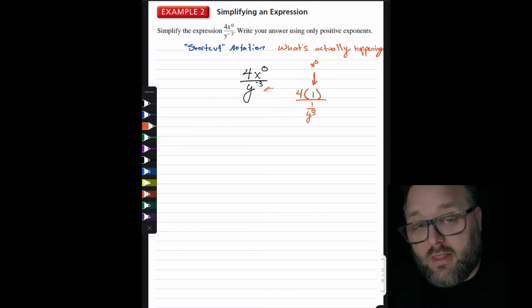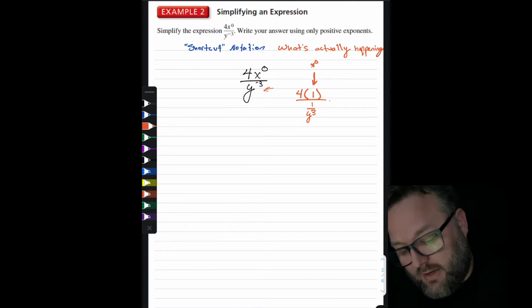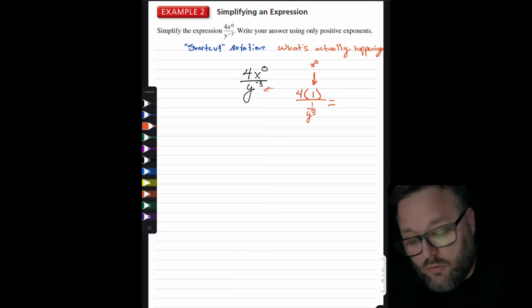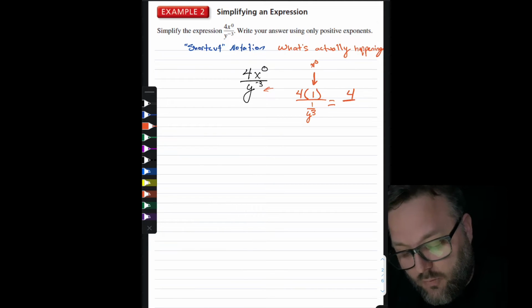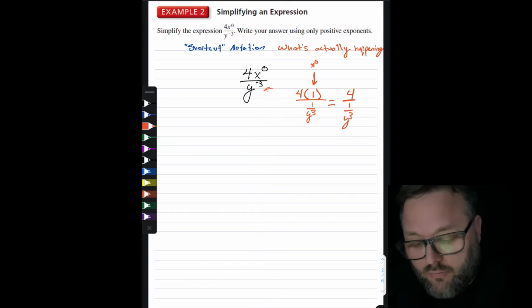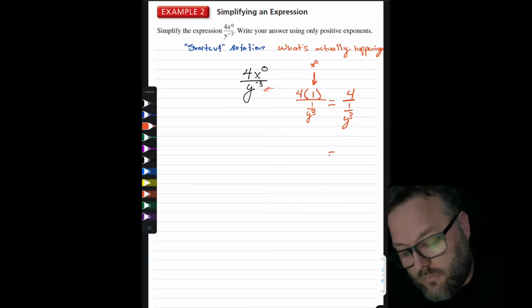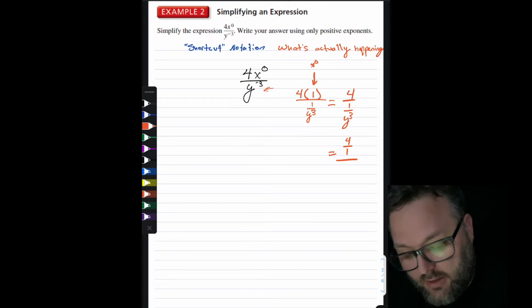All right, now that I've done that, I can work on trying to get it even more simplified by taking 4 times 1 and getting 4, and then getting 1 over y to the third. But it's still complicated. I'm dividing by a fraction, so I kind of want to get rid of that. So what it means is I have 4 over 1, all divided by 1 over y to the third.